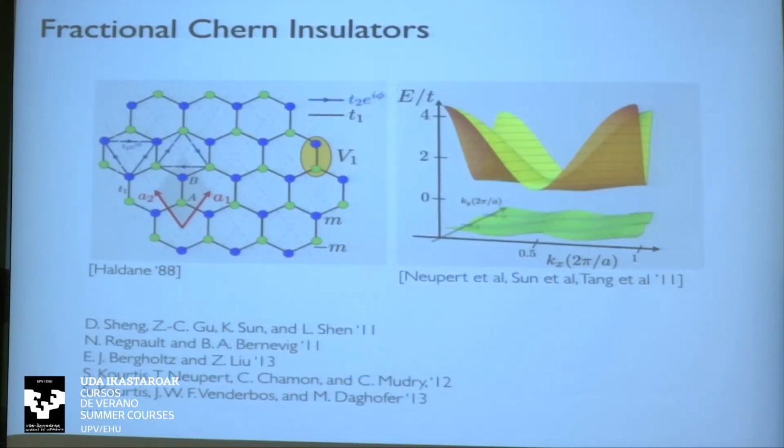But one thing, and this is one of the motivations that I started from in the beginning, is that we can also look at two-dimensional lattice systems. As a motivation, I talked about the Haldane model, and said that one of the interesting questions would be what happens if we partially fill the lowest band.